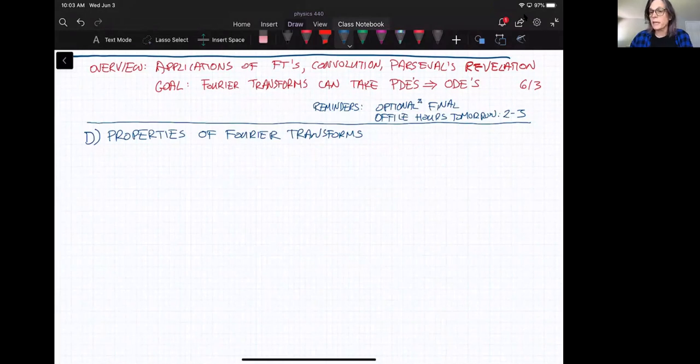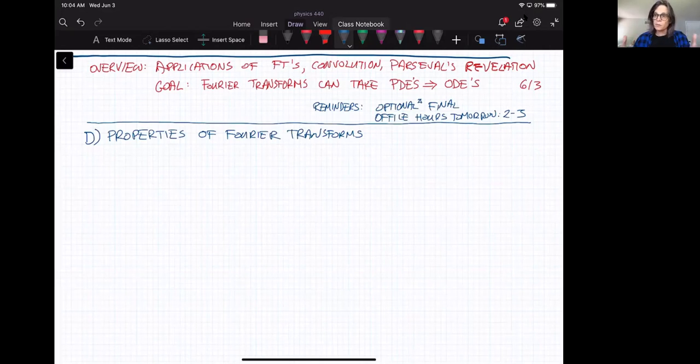There are two ways it can do that, and you'll see this in your homework. One is that, because of the properties of the derivatives of a Fourier transform, it can turn a partial differential equation into an ordinary differential equation, often one we can solve pretty easily. We'll do that in an in-class problem.